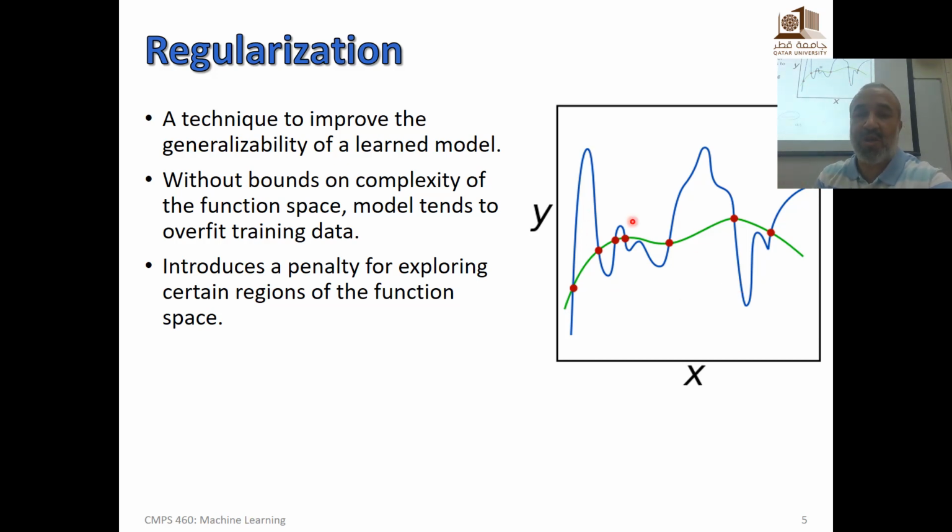Yes, the blue function actually passed through all the points, but it's kind of overfitting here. It's doing more than what it should. Okay? The green one is much simpler, and most probably it will generalize better for the points that we didn't see yet. But both are possible solutions here, right? Both are possible solutions. And this is actually the case when we try to learn a model.